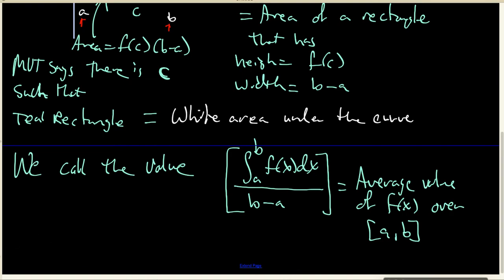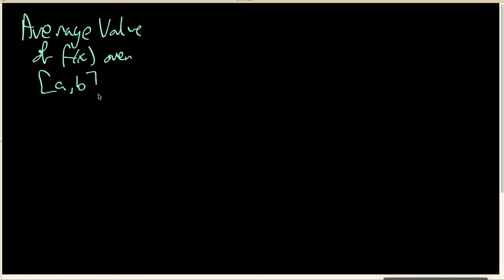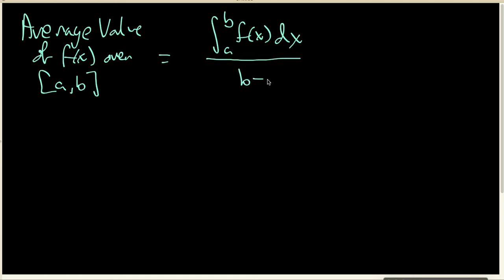So let me state that very carefully. We have this new definition that the average value of f of x over the closed interval between a and b is given by the value of the integral between a and b of f of x dx simply divided by the interval's width, b minus a.